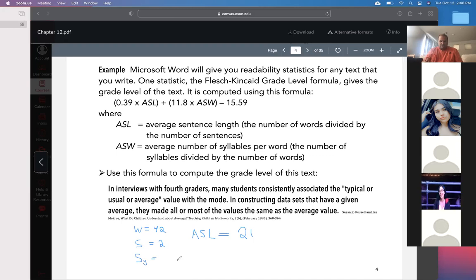If I'm not mistaken, there is 68 syllables. So I also got 68.